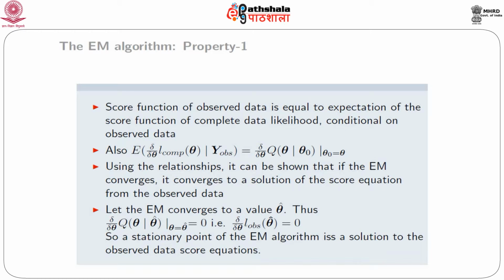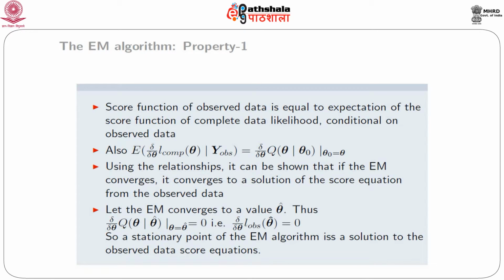Now, note that the expectation under theta of the conditional score function of the complete data likelihood given the observed data is del theta of Q(theta given theta naught) at theta naught equal to theta. Using these relationships, it can be shown that if the EM converges, it converges to a solution of the score equation based on the observed data.